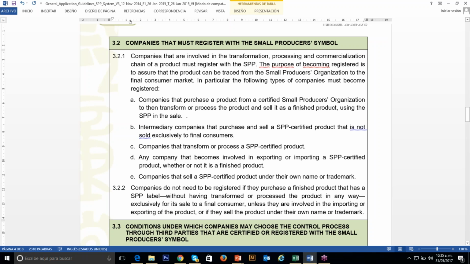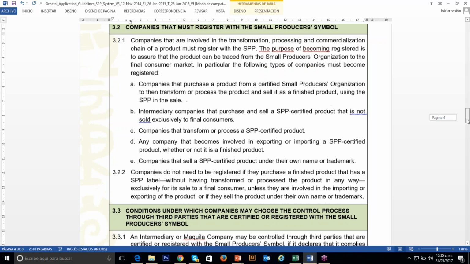Yes? Unless they are involved in the importing or exporting of the product, or if they sell the product under their own name or trademark. Then it means that depending if the product is involved in the importing or exporting, this company has to be registered.